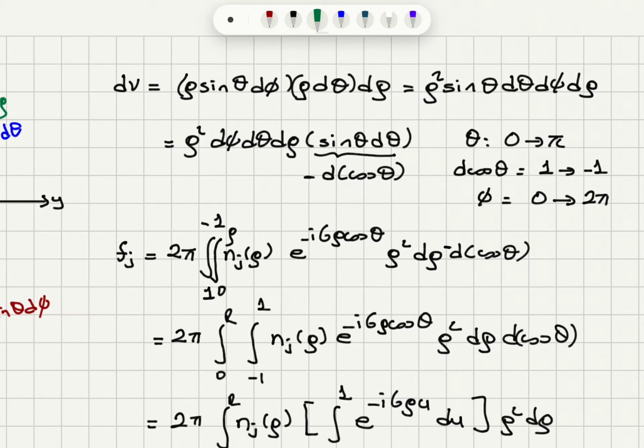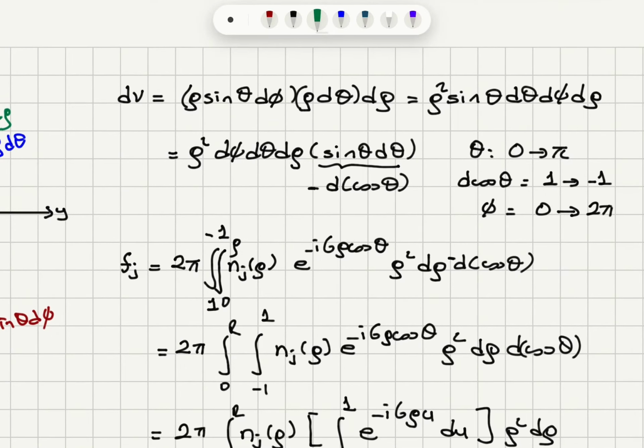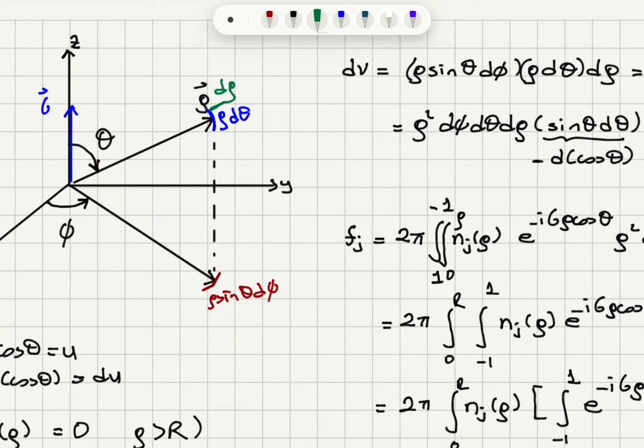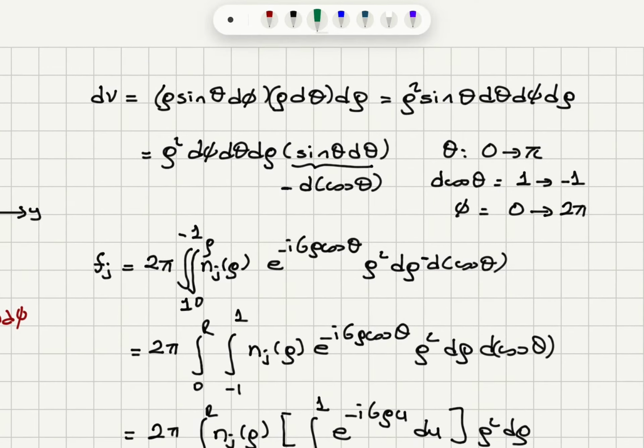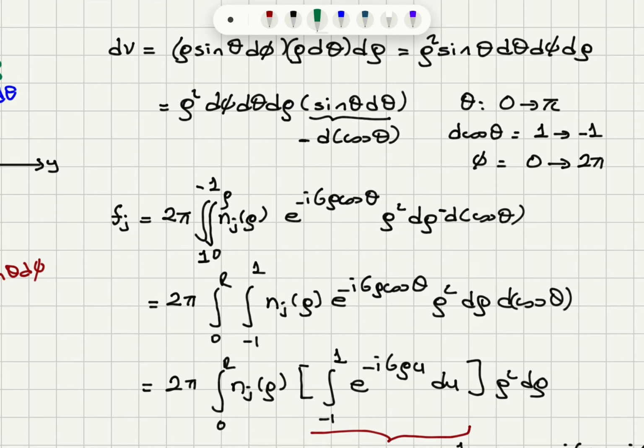So in order to cover the full sphere, we have to have theta ranging from 0 to pi, so that cosine theta goes from cosine 0, which is 1, to minus 1 when theta is equal to pi, and phi ranges from 0 to 2 pi, so this would cover the full sphere. So with that, my atomic form factor would become 2 pi integral.